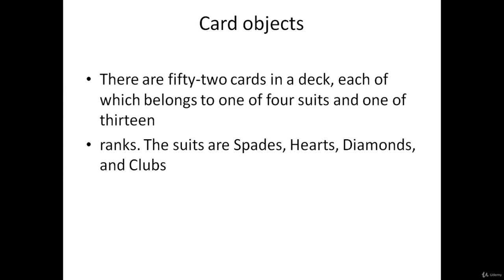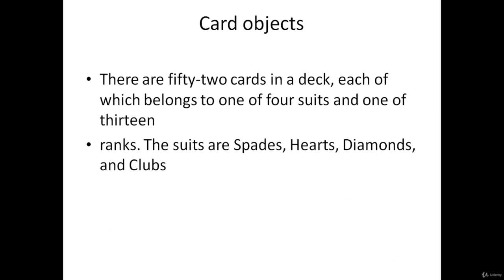Card object. There are 52 cards in a deck, each of which belongs to one of four suits and one of 13 ranks. The suits are spades, hearts, diamonds, and clubs.